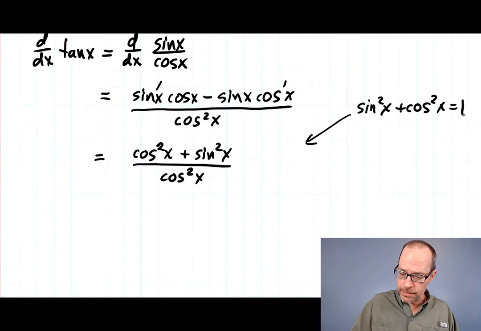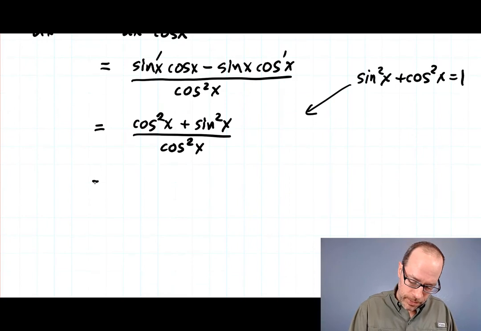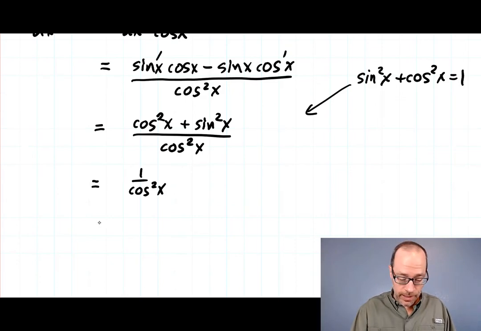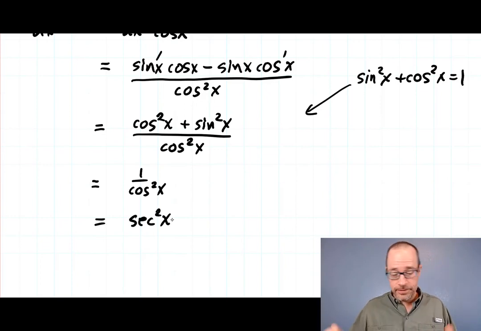That's just saying that the sine and cosine are how you parameterize the unit circle. But anyway, that's the identity, so the top is 1 over cosine squared. And remember, 1 over cosine is the secant, so that's secant squared of x. So there you have it.